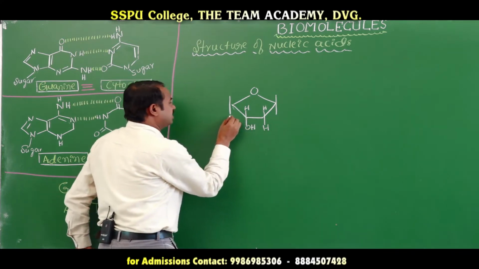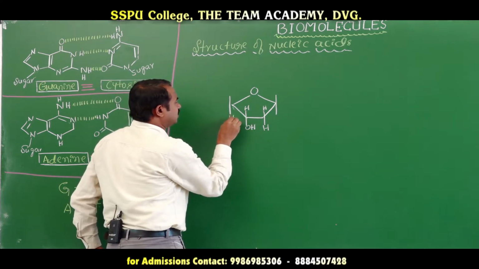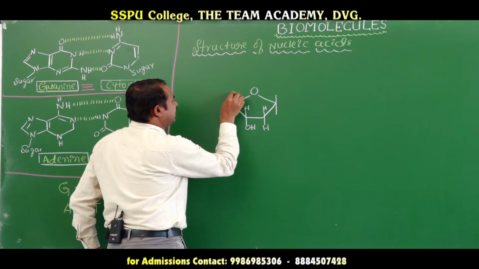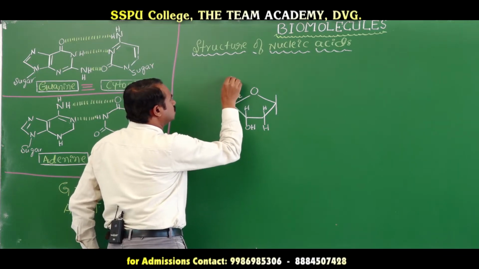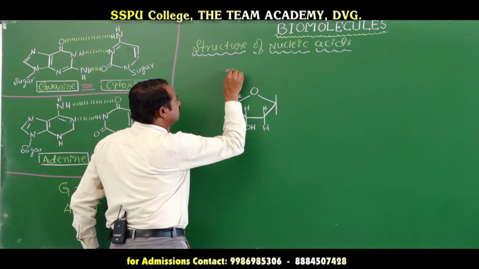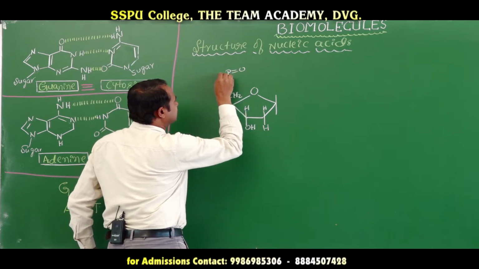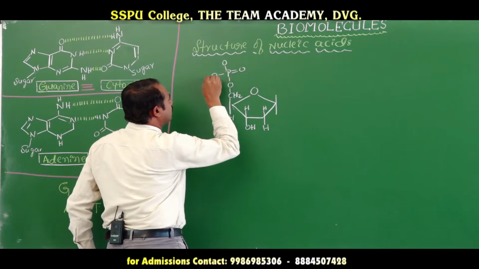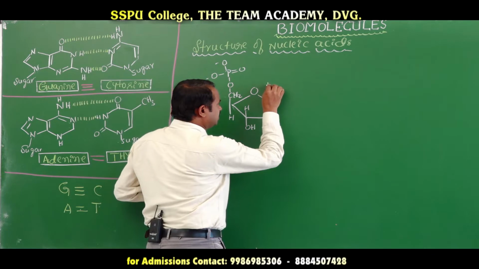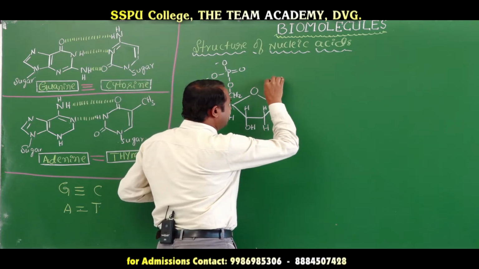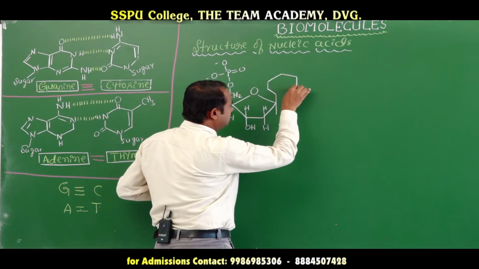And here one phosphoric acid, CH2O, phosphodiester. And here it contains one base, any base, not a benzene ring.